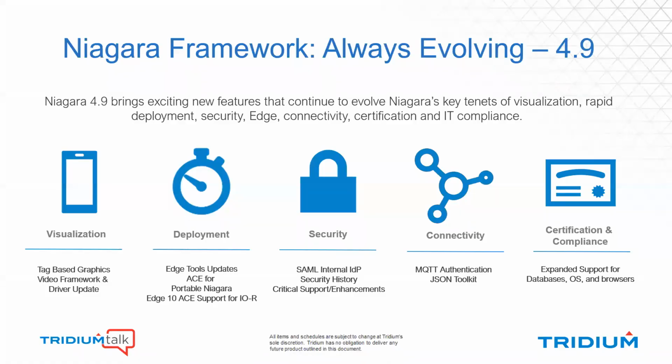One thing that we're always endeavoring to do with every release is to ensure that we are always focusing on and improving some of the key tenets of our visualization, rapid deployment, security, edge, connectivity, certification, and IT compliance. And as such, we like to position our features so that they're always making at least incremental improvements with regards to each. Under the visualization aspect, we introduced tag-based graphics.